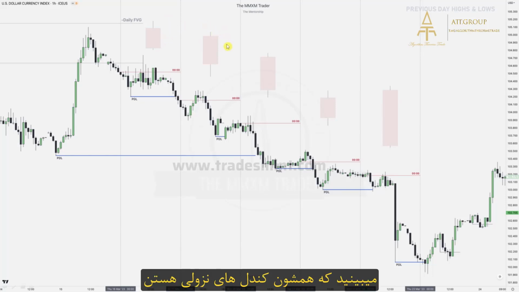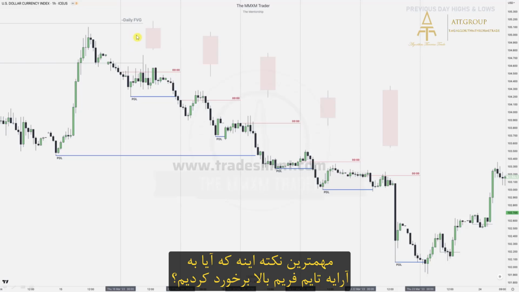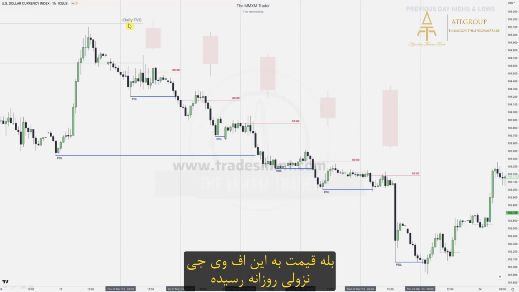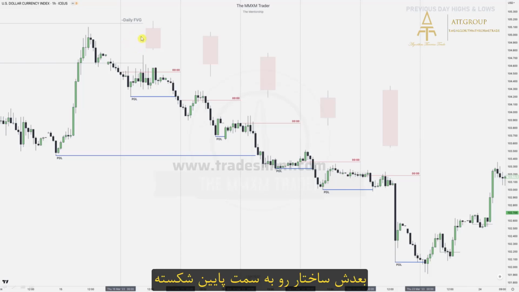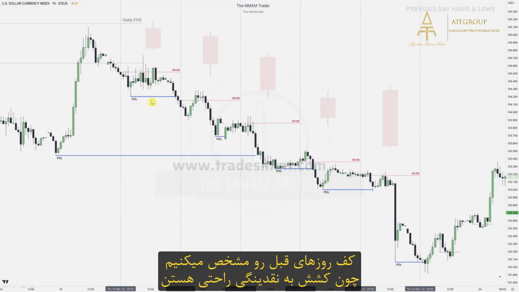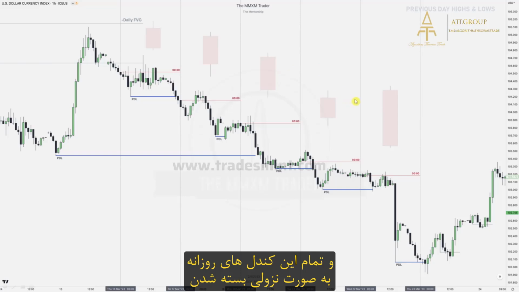Again, all bearish candles, right? So most importantly, do we hit a higher time frame array? Yes, we did, right? That bearish daily fair value gap. And then we start to break structure lower, outlining the previous daily lows. Easy draw on liquidity, and all the daily candles will close bearish.